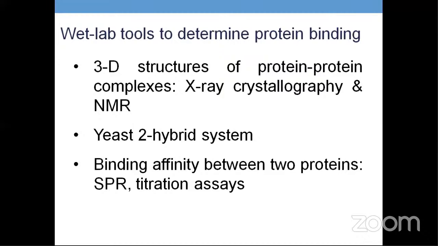But the problem with these wet lab techniques is that there are lots and lots of problems. But what I should mention here is that these wet lab based techniques give you the real life picture of protein complexes. Definitely, there is no denying it.